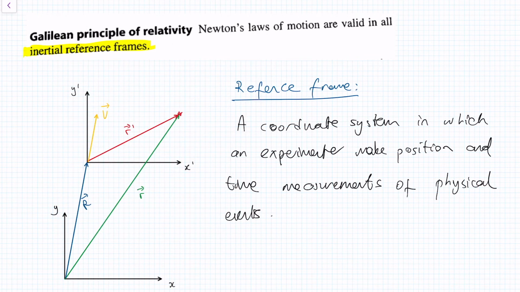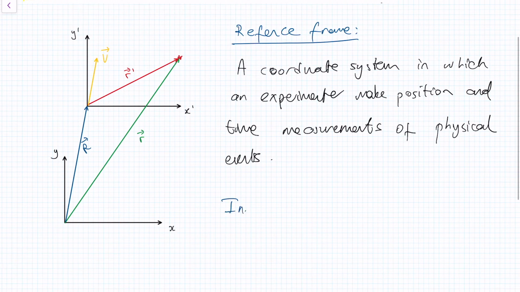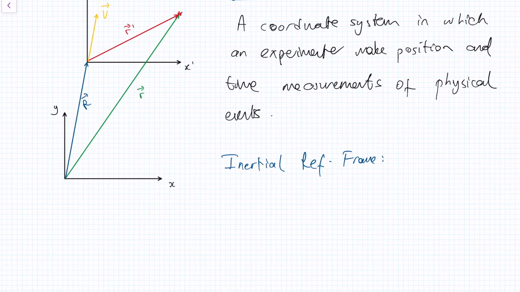Now, what is an inertial reference frame? If we understand what a reference frame is, an inertial reference frame is simply a reference frame that moves with constant speed.